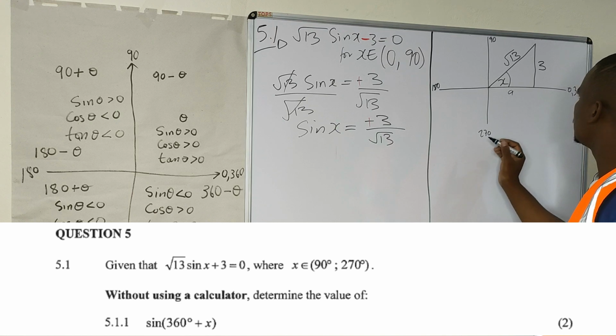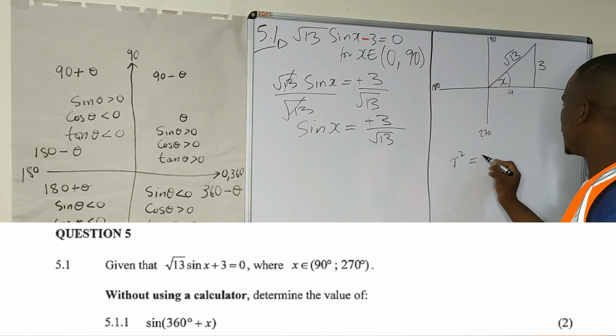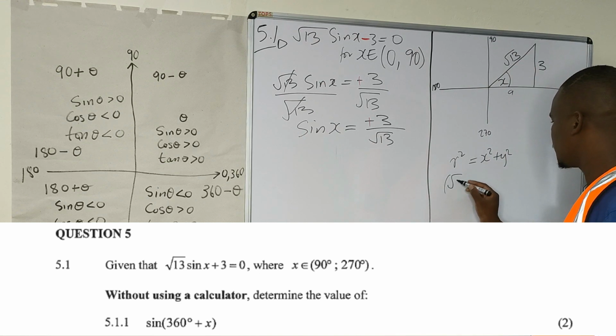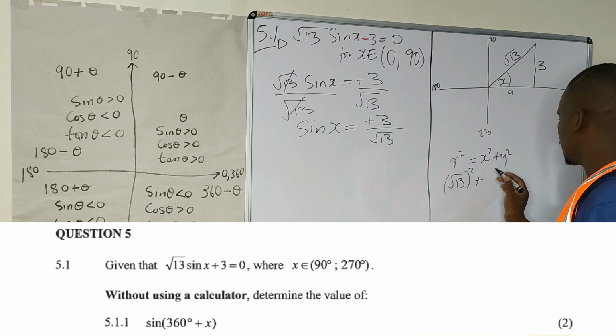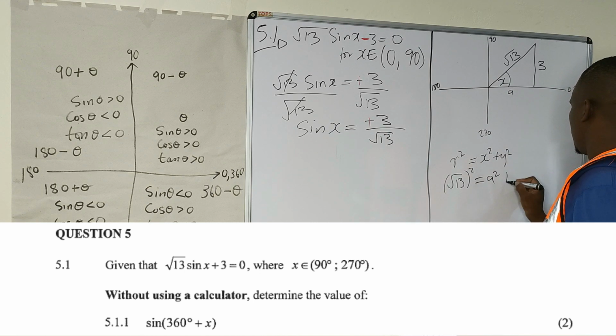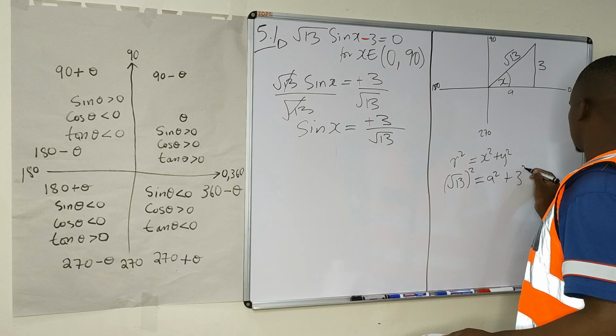You know that r squared, which is hypotenuse squared, is equal to x squared plus y squared. Your hypotenuse, root 13 all squared, is equal to a squared, which is the side, plus y squared, which is 3 squared.